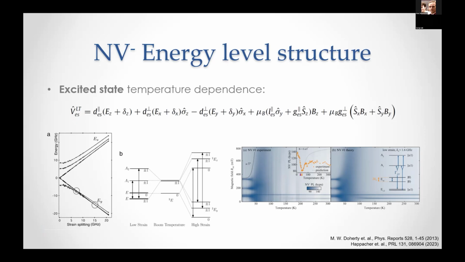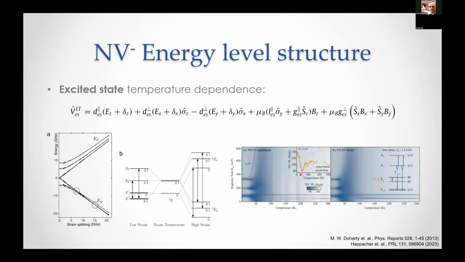They all get mixed up to this single excited level anticrossing at high temperature. So these things will move when you have high strain or low strain, but the values of these magnetic fields which mix the different spin levels are associated with the splitting that's given from the excited state.